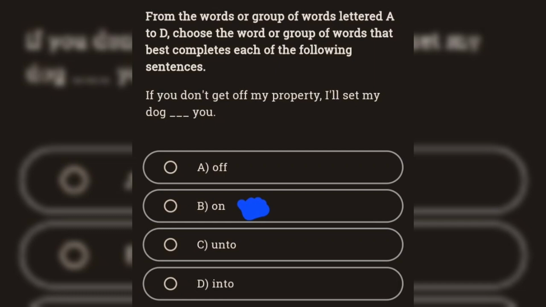If you mean that the dog should attack the person, then you should use on. So you can't use onto, you cannot use into, but on. Because you want the dog to attack the person you're talking to, you have to use the preposition on.